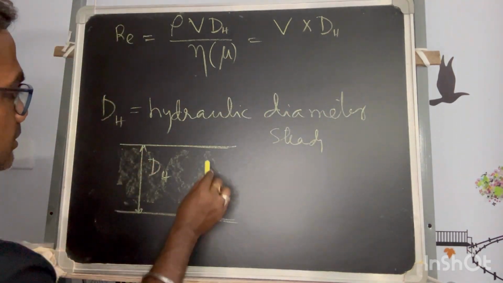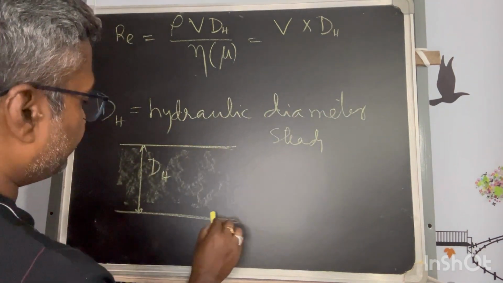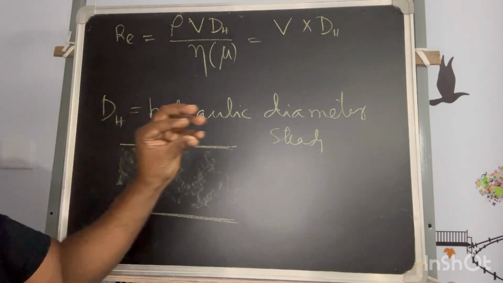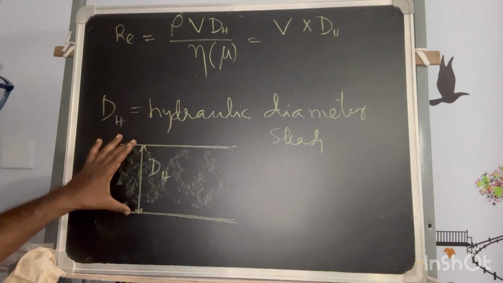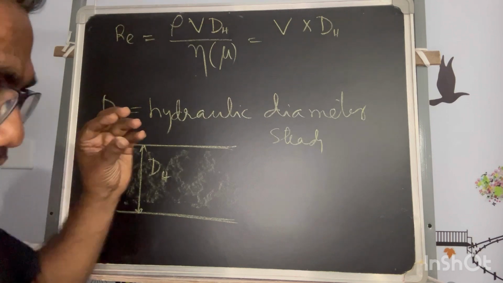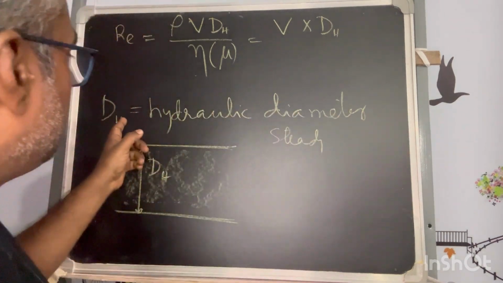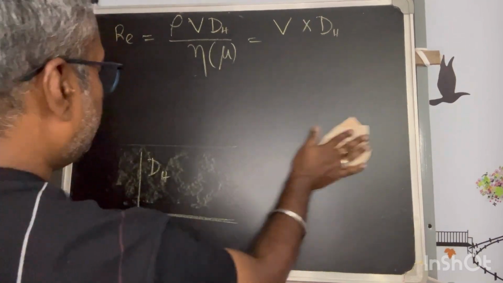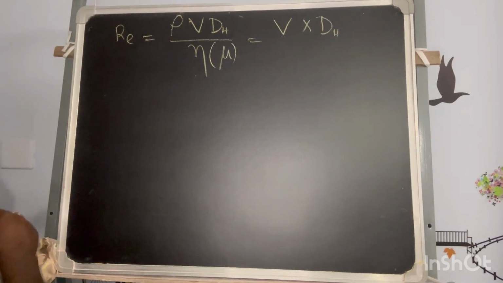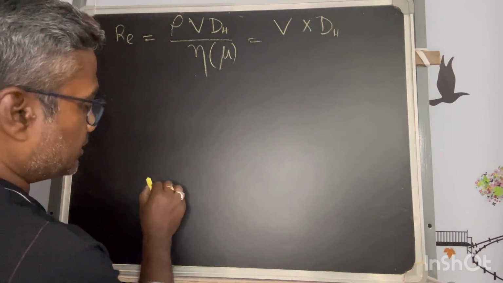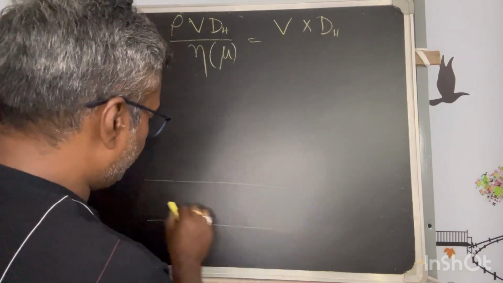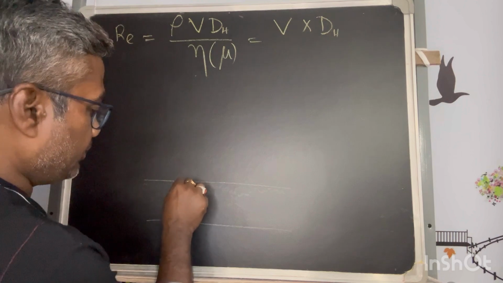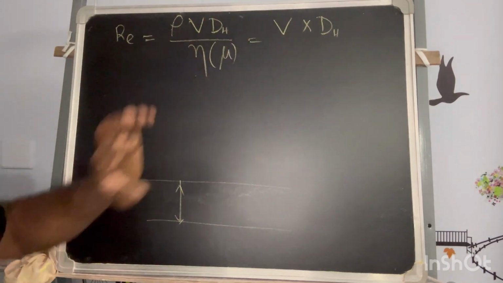So when it is taking the path of the flow, this is the diameter through which the steady state flow moves; the circular diameter of the fluid flow path is called the hydraulic diameter. We'll consider here the hydraulic diameter, or in case nothing is said, more or less we take it that the fluid is flowing through a closed duct, so we'll take the diameter of the duct itself as the hydraulic diameter.